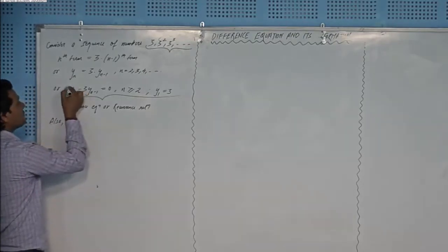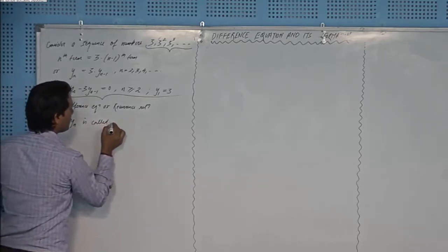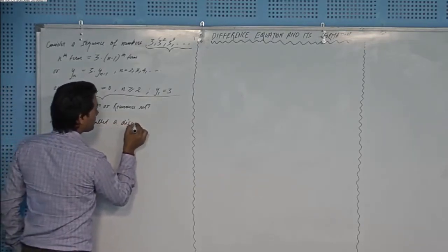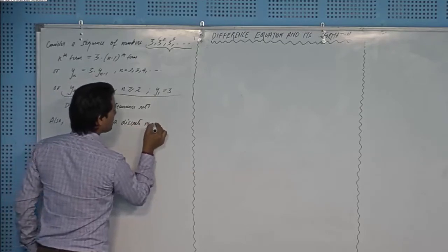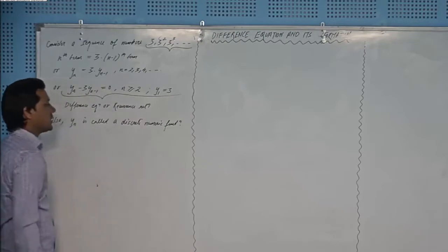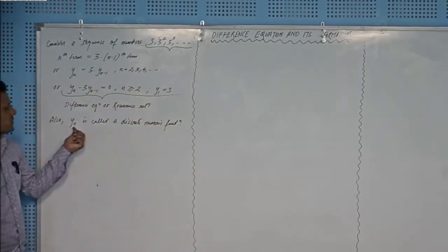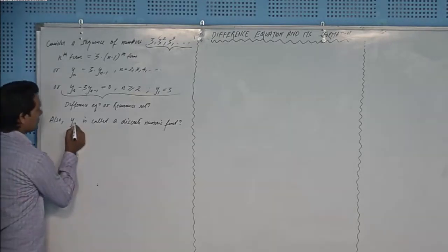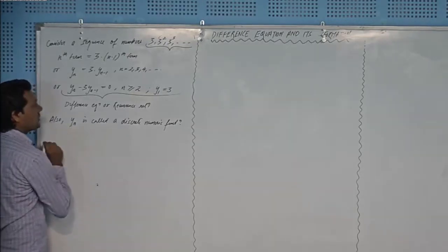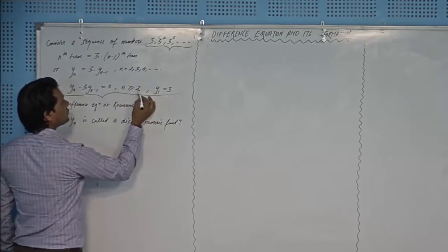This function yn is called a discrete numeric function. And what do I mean by a discrete numeric function? Such a function is called a discrete numeric function whose domain, the n, starts from 1, 2, 3, and so on.